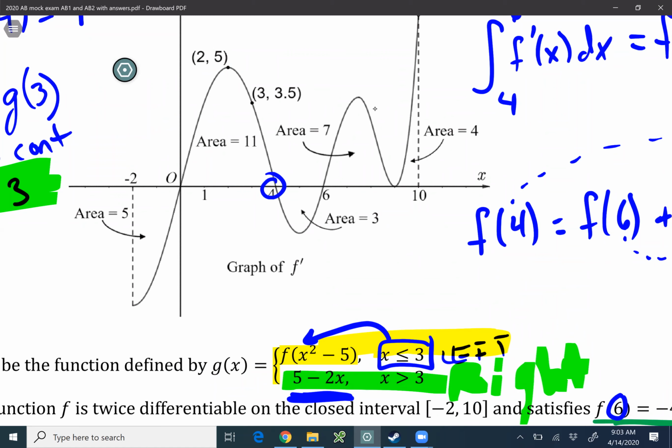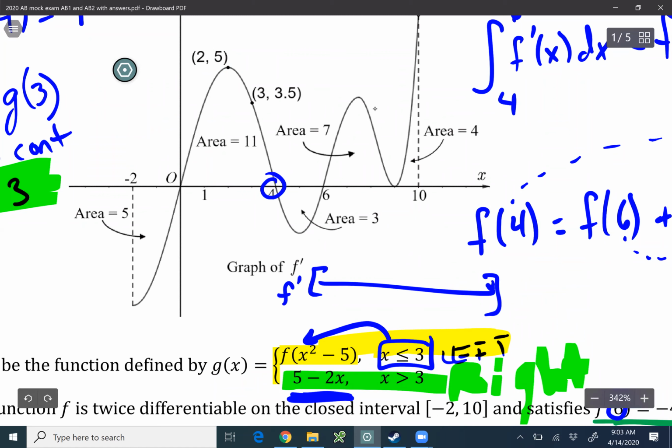That's where, if we drew a number line for this between -2 and 10, and we put those numbers on here, 0, 4, 6, and 9. Between -2 and 0, it's negative. Then it becomes positive from 0 to 4.